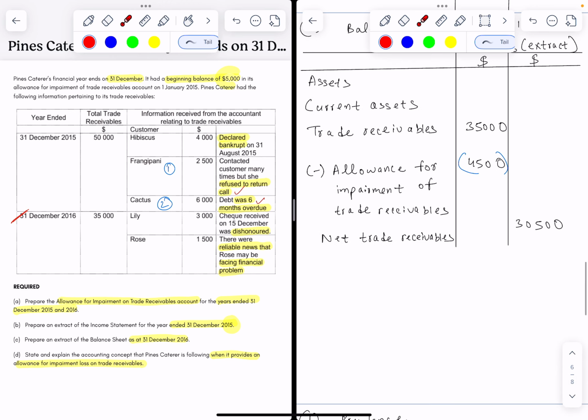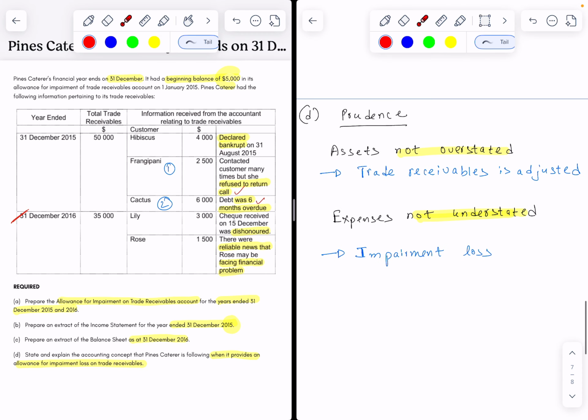Where the book value of 35,000 was reduced by 4,500 of the allowance or uncertainty that left us with the final net balance of 30,500, right? So that's what we're referring to, that assets are not overstated and the book value of trade receivables is adjusted by the possible amount or the allowance for impairment of trade receivables that we may not collect.